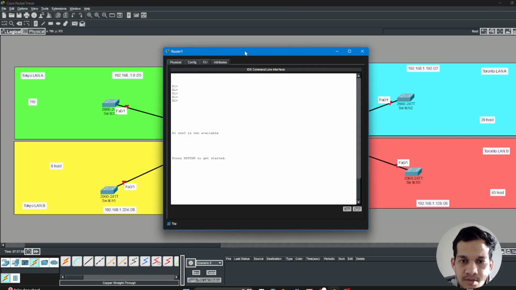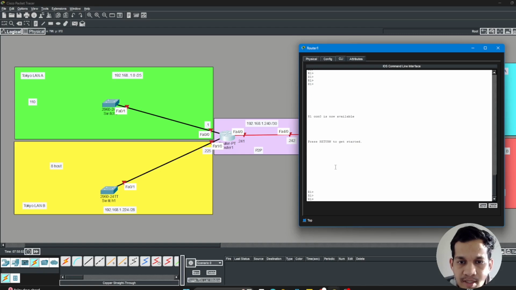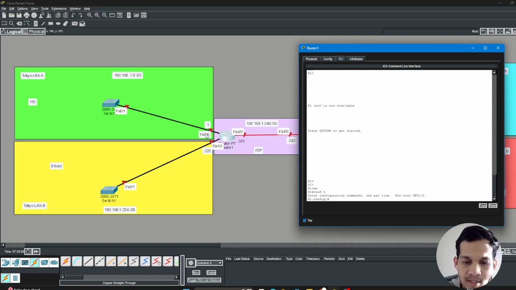So let's click on router 1 and go to F0/0. Enable, configure terminal, interface F0/0, and then the IP address will be 192.168.1.